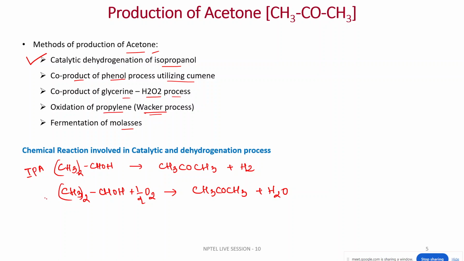Isopropyl alcohol, directly by dehydrogenation and by reaction with oxygen, produces acetone.